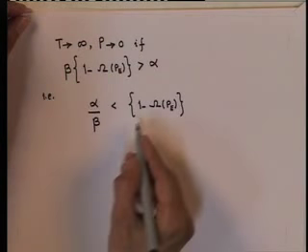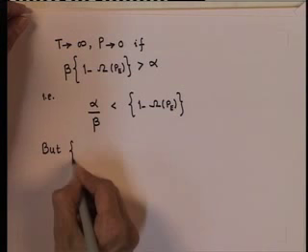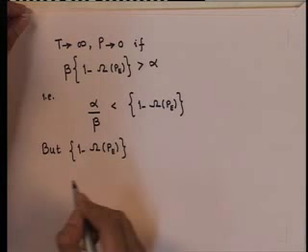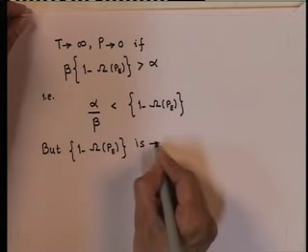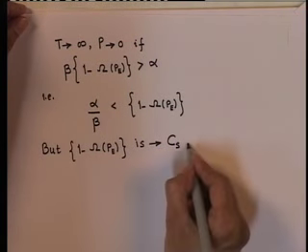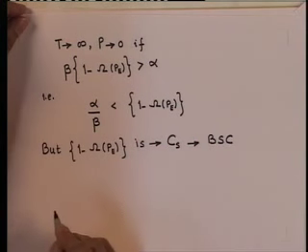Now, 1 minus entropy function is the channel capacity C s for a binary symmetric channel.